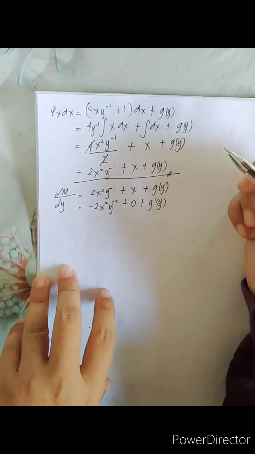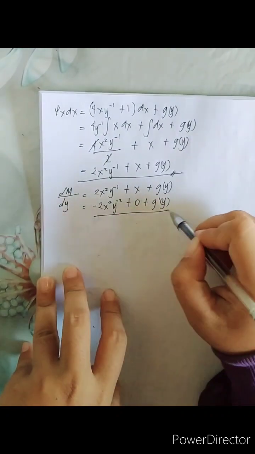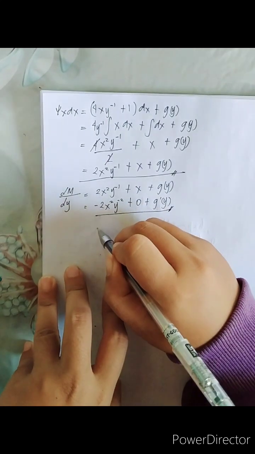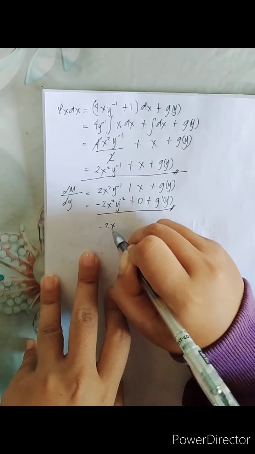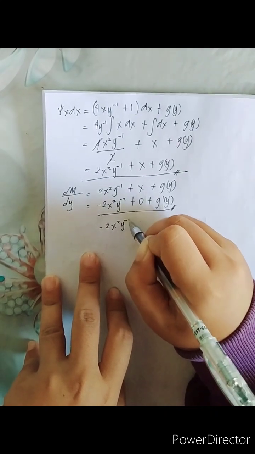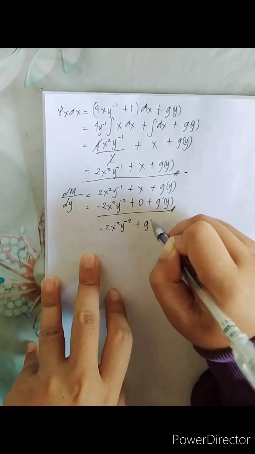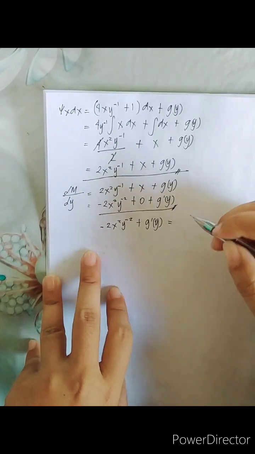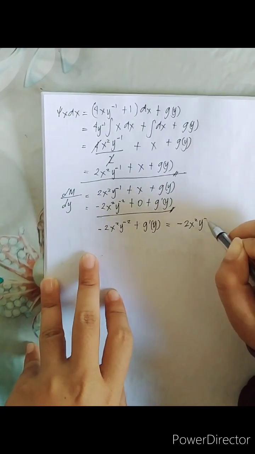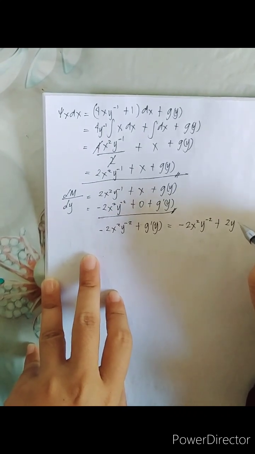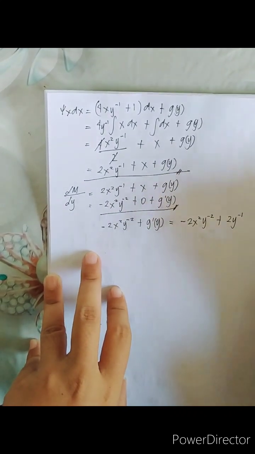Then the next step is to equate this to our N term, which is negative 2x squared y raised to negative 2 plus 2y raised to negative 1.